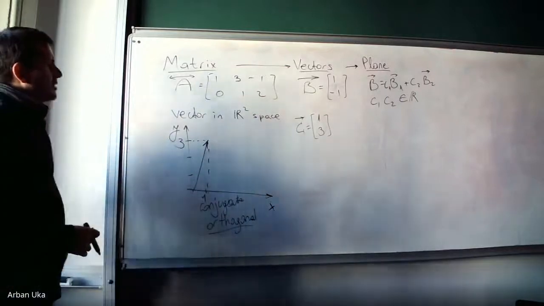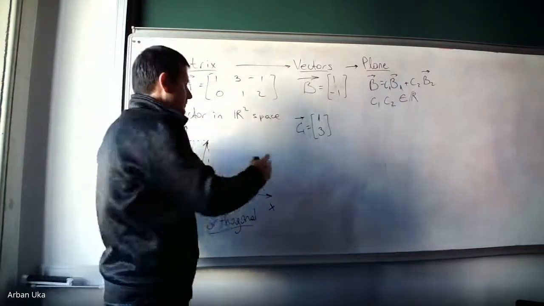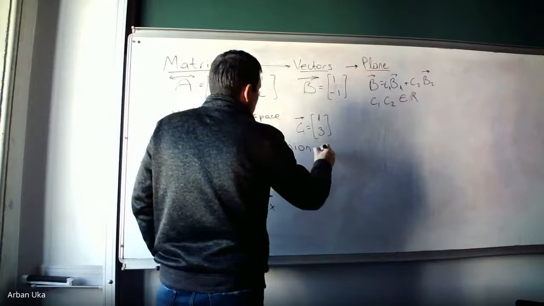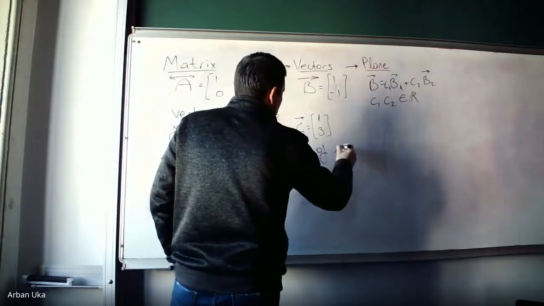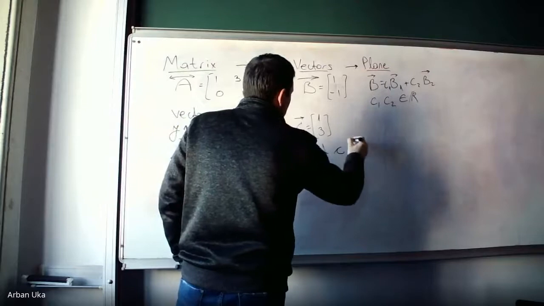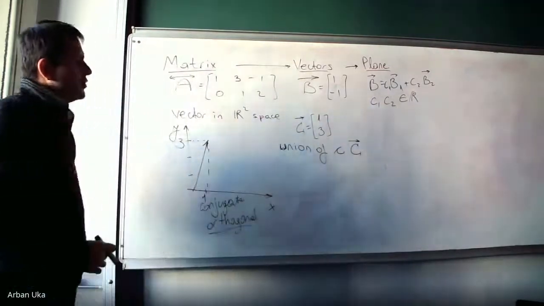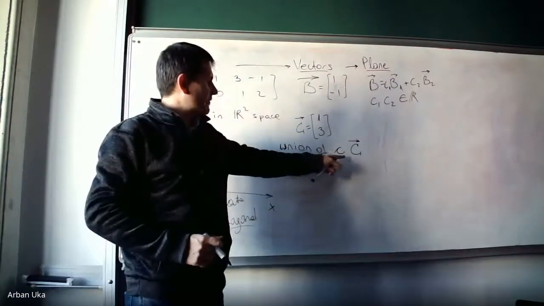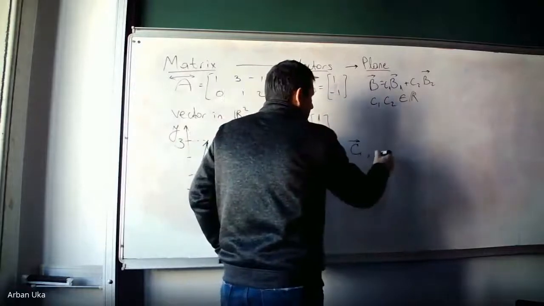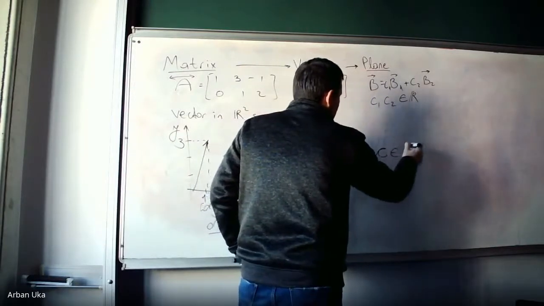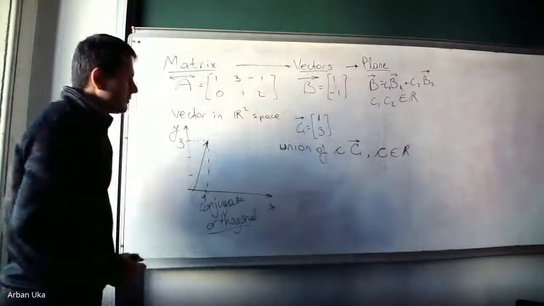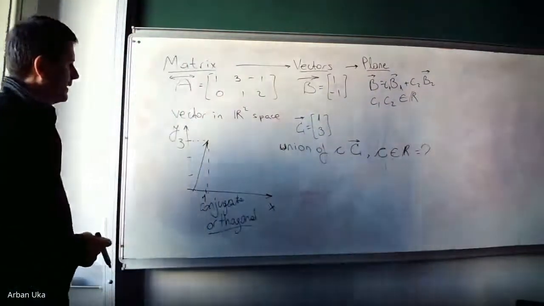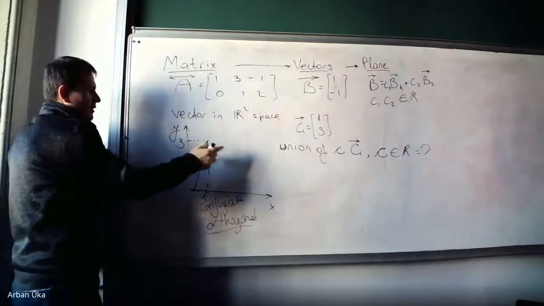Now, I can ask you this question: what is the union of points which are defined by a constant c times the vector C, where the little c is any real number? So what is this equal to? That's the question.